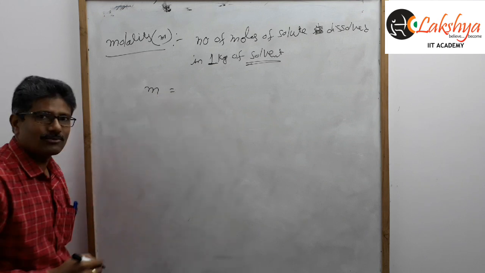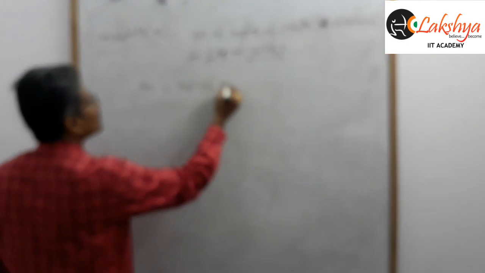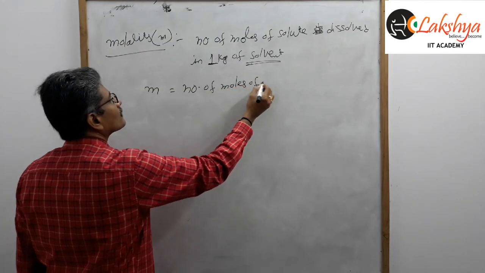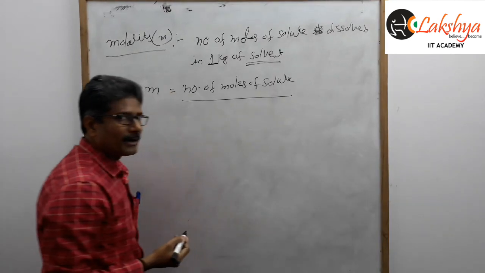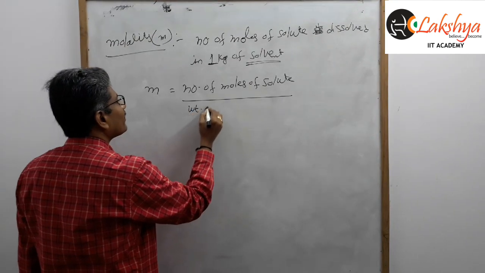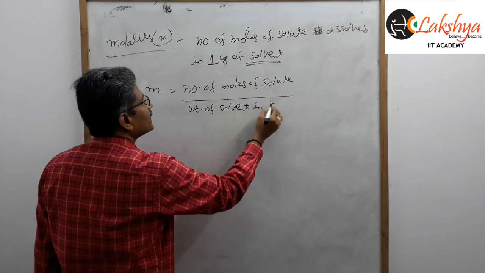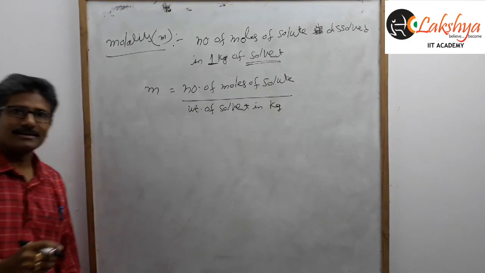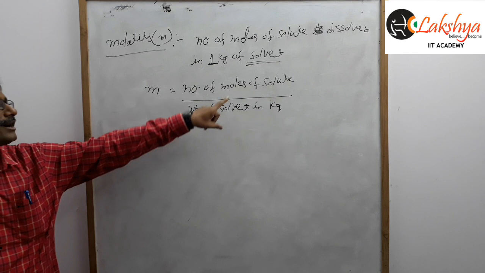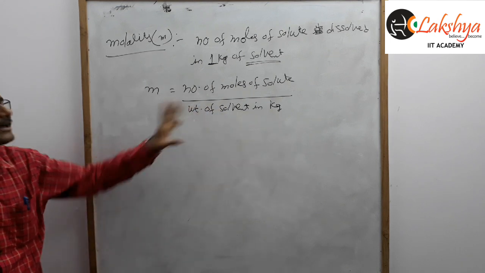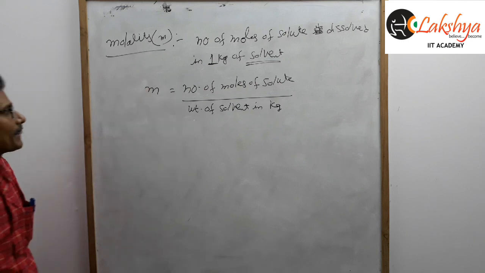Molality, small m, is equal to the number of moles of solute by weight of solvent in kilograms. That is the formula for molality.